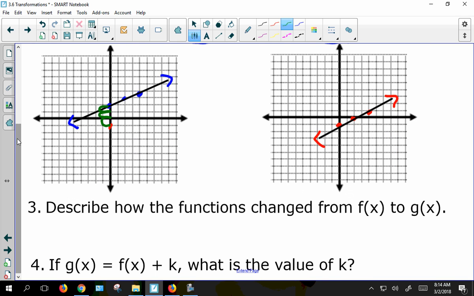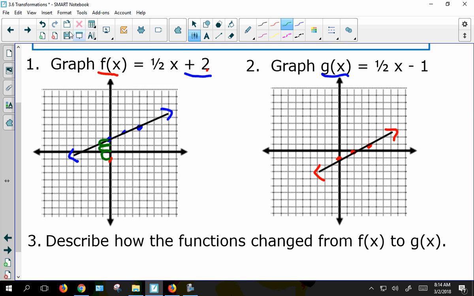If g of x, now this gets a little tough. If g of x equals f of x plus k, what is the value of k? So g of x is this one right here.